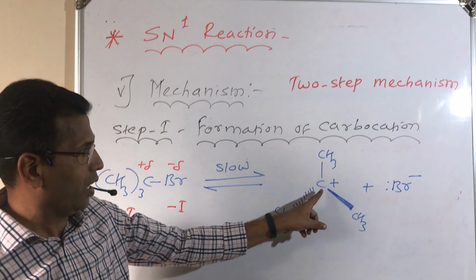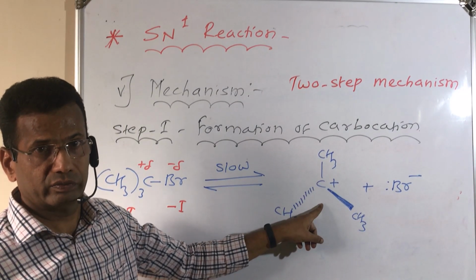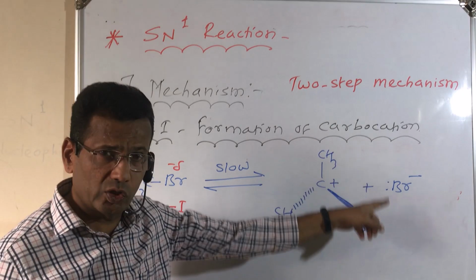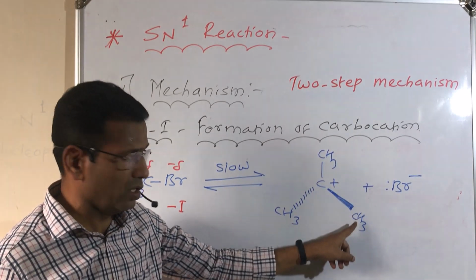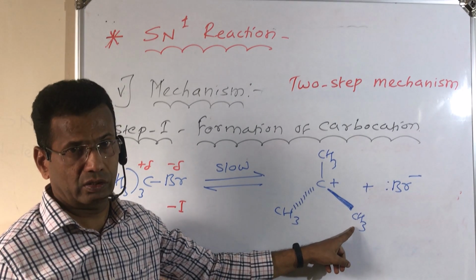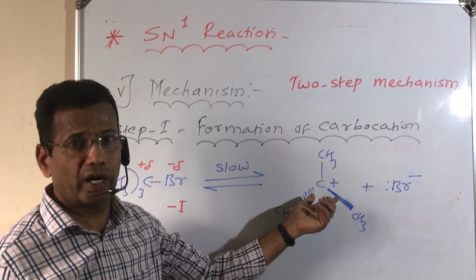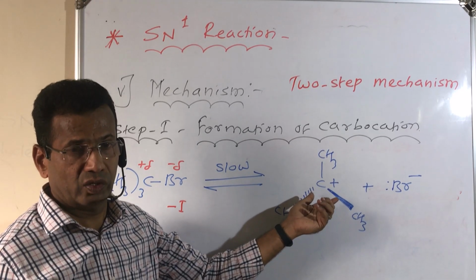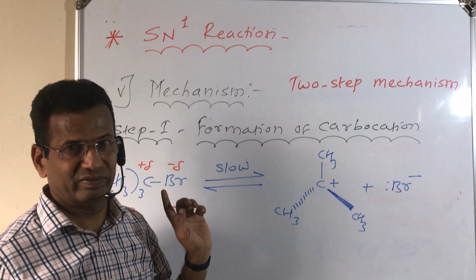So here we are getting T-butyl carbocation, and in this T-butyl carbocation, the central carbon atom is electronically deficient. It has planar trigonal geometry. The bond angle between CH3, C and CH3 is 120 degrees. There are 6 electrons present in the last shell of the central carbon atom of the carbocation, so this carbocation acts as an electrophile.